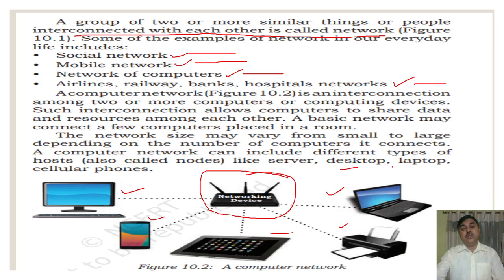We are taking the desktop, laptop, just now I said a server, the cellular phone, etc. We are making the interconnection among them when we are sending data and information with the help of this connectivity process. So this is the computer networking system with internet connectivity, an interconnection system where we are sharing different types of data and resources.